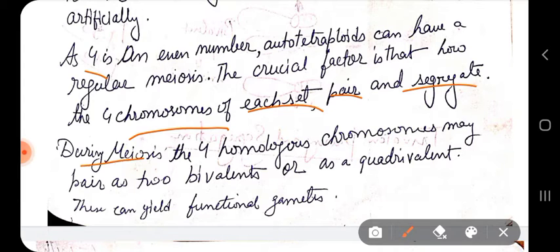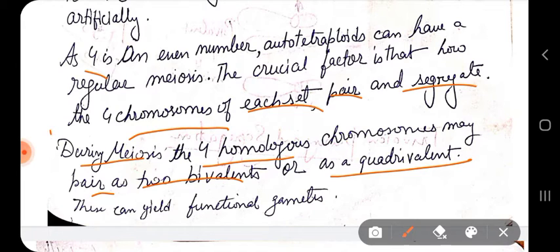During meiosis, the 4 homologous chromosomes may pair as 2 bivalents, as I just showed you in the figure, or as a quadrivalent, meaning all 4 chromosomes migrate to one pole to form a tetraploid set, and these can yield functional gametes. So two things can occur.